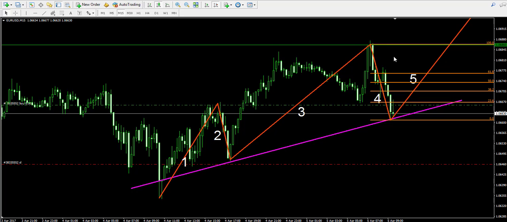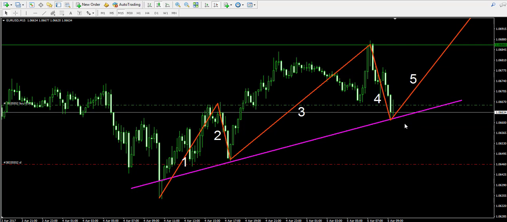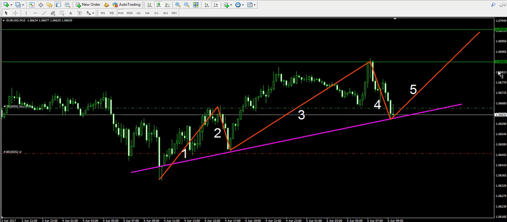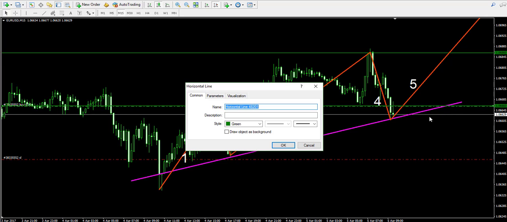Okay, now let's remove the Fibonacci levels over here. Now let's position the levels on the chart. So we have the two targets. Now I'm putting my entry point, which is somewhere at 1.0666, marking it with white.